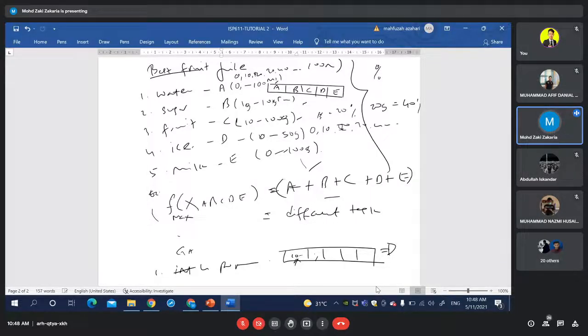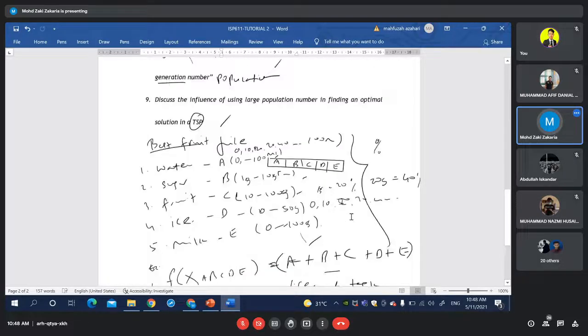So the first one, the value of each sector is by random. Then we evaluate the process, then repeat the process until we reach our number of iterations. For example, we set the number of iterations to 100, so we need to repeat 100 times. Clear? Yes or no? Clear, sir. Okay, so that is how to use a genetic algorithm to find the best fruit juice.